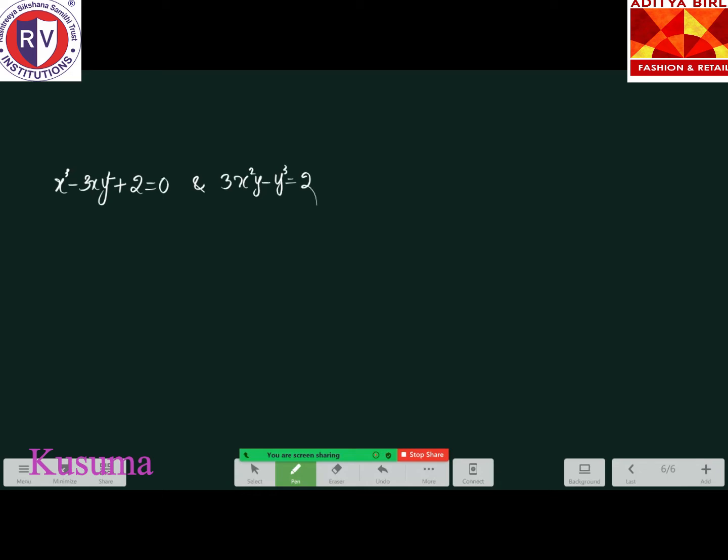We have to tell whether these two curves cut at right angles, or whether these two curves cut at angle pi by 4.